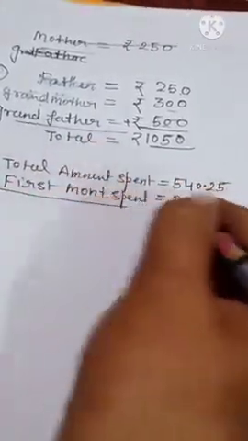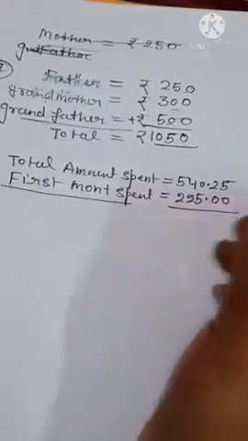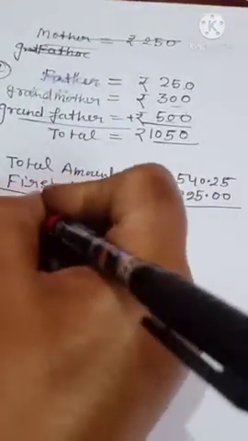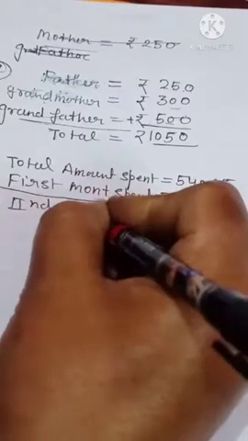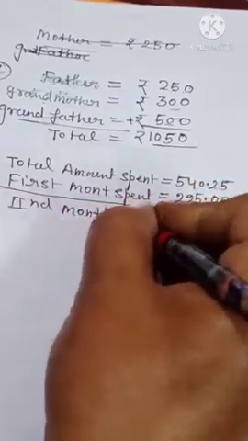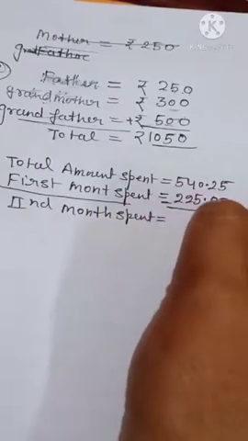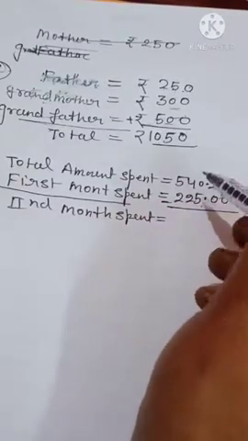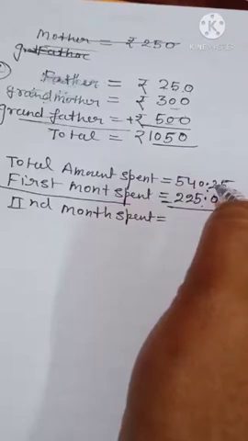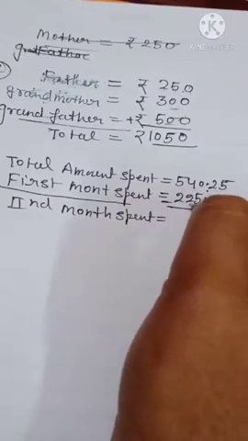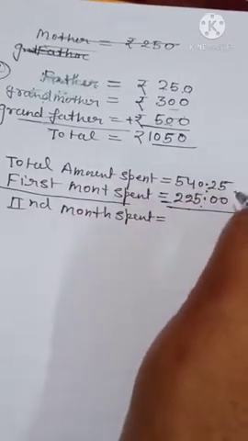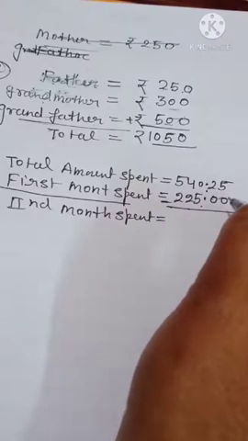So we have to find how much he spent in the second month. For second month, spent is equal to the total amount he spent minus the amount of the first month. Okay, whatever amount he spent in the first month.